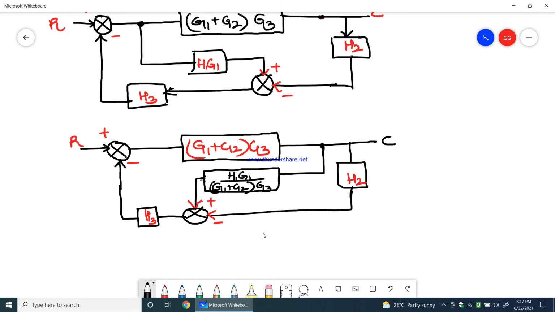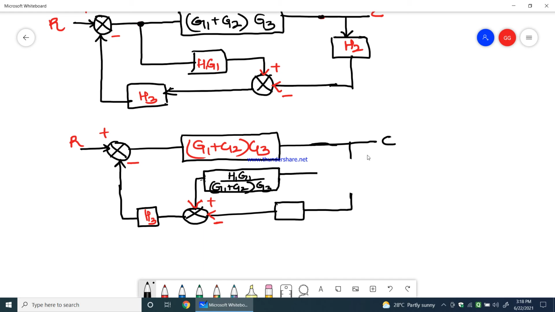Now if you carefully see this entire block, instead of connecting here, I will try to write in a different sense, and it is one and the same.